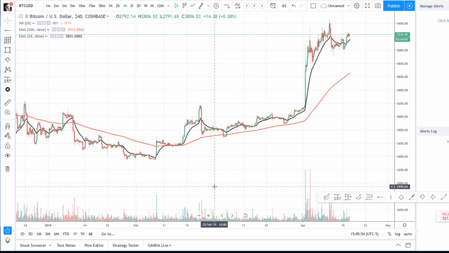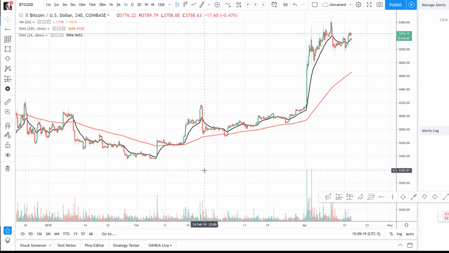EMAs or moving averages are an interpretation of the average price, which is given in the name. But it's also another gut check to your trade decisions, and as you'll discover in this video, they also provide you with additional areas of interest in price for you to make trades or trade decisions.